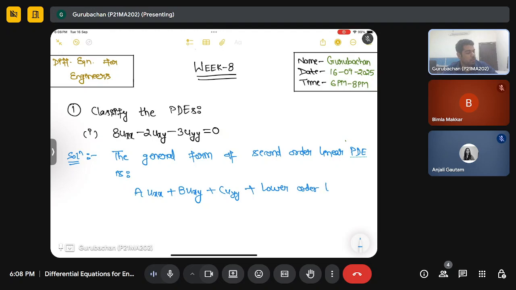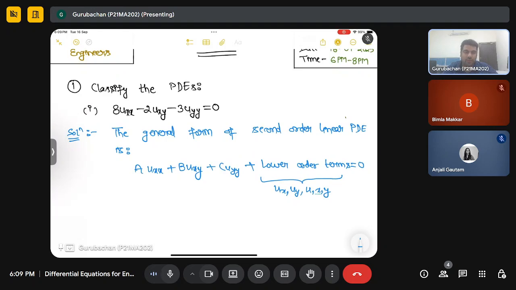Since we are going to decide with A, B, C only, we are not writing those expressions. That can be a function of ux, uy, u, x, y.